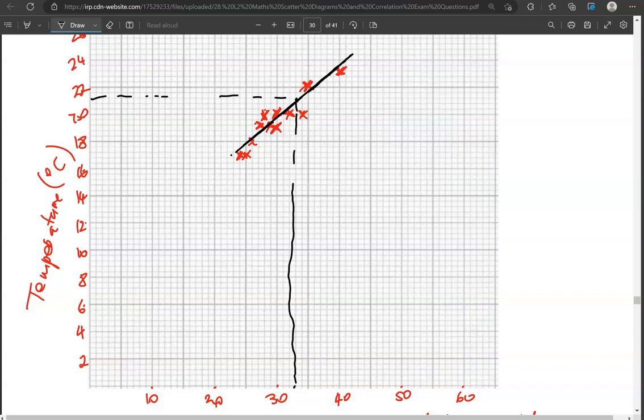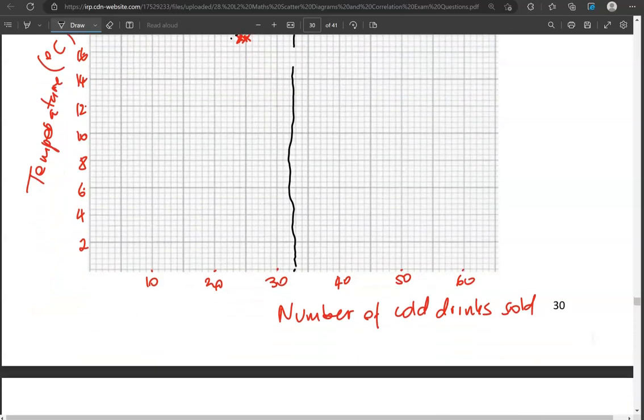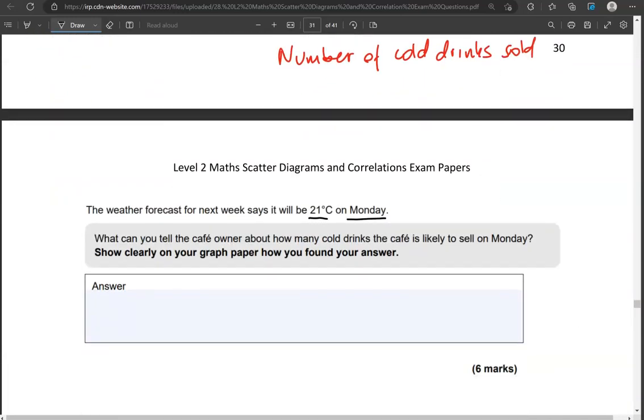So that would be about 33 drinks. So we're going to say the cafe is likely to sell 33 cold drinks. I should specify because we have hot drinks as well.